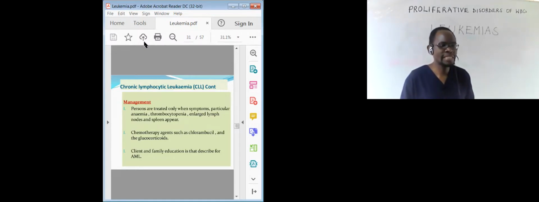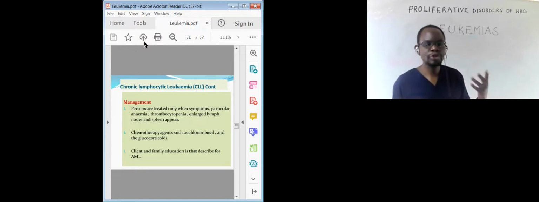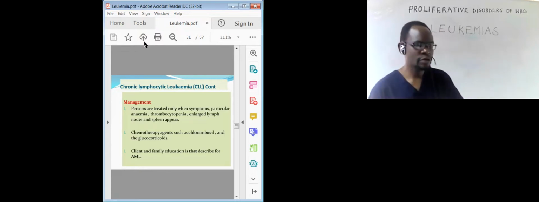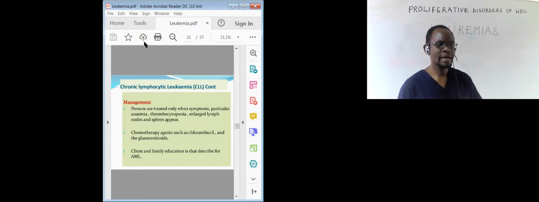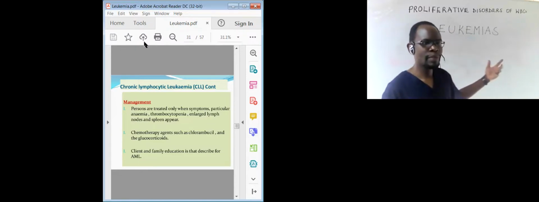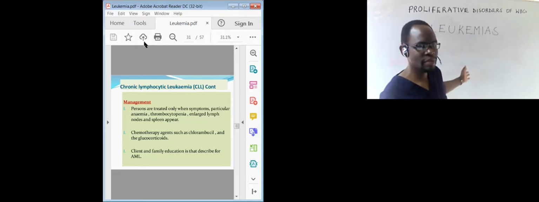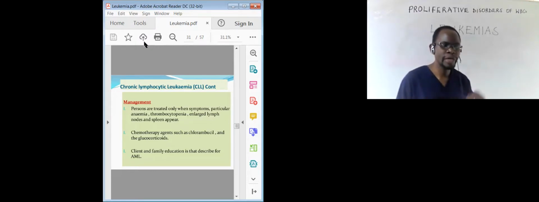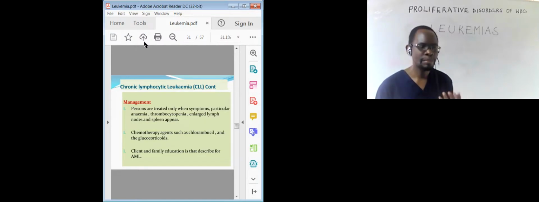In other words, the family and the client should be educated on the acute myeloblastic, because sometimes, much as it is chronic, you might have some episodes of the acute. So basically, you need to educate the patient on the same.